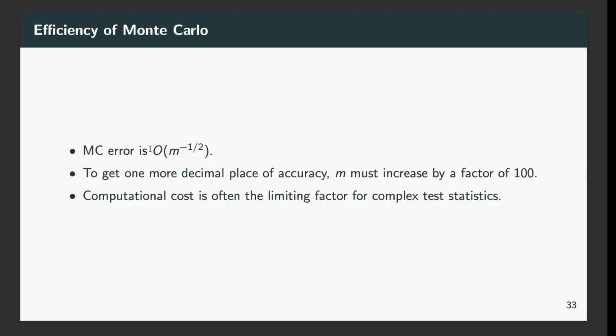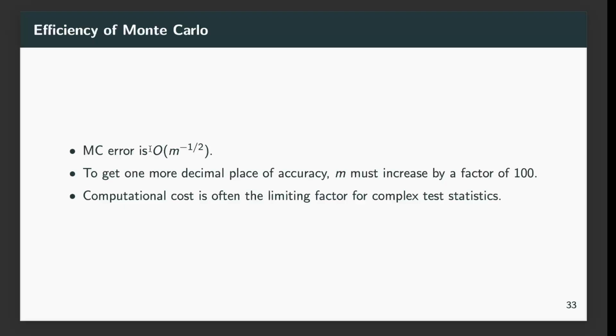For example, if m is equal to 1000, it gives you an estimate that is accurate to 2 decimal places, and if you want accuracy up to 3 decimal places, you need 100,000 replications. For accuracy up to 4 decimal places, you need 10 million replications.